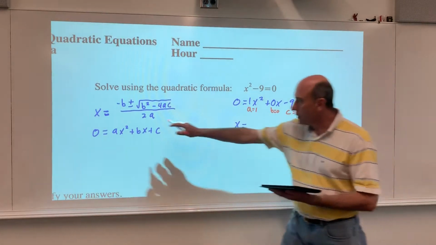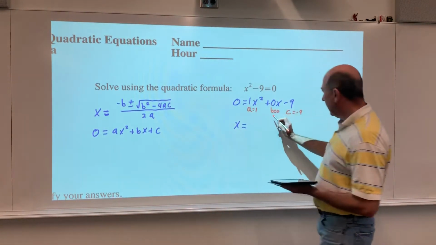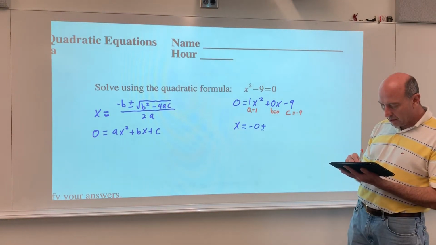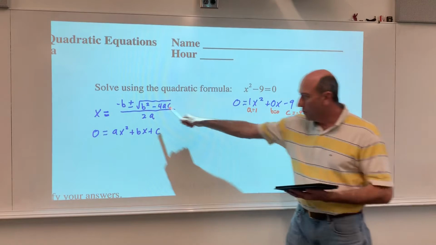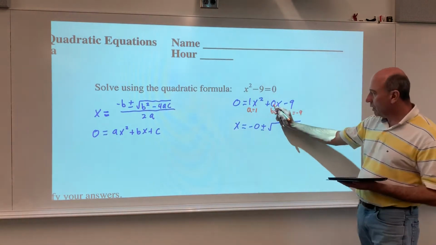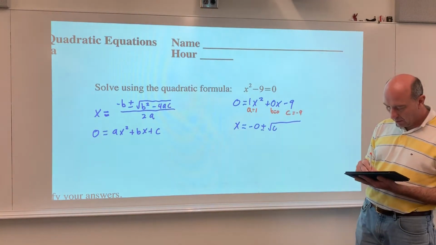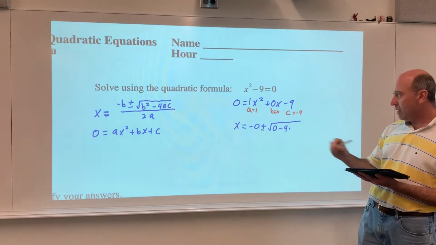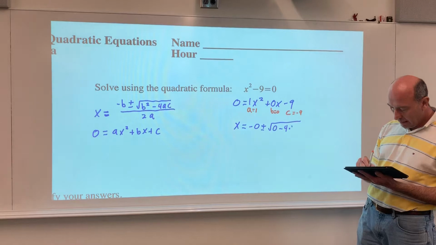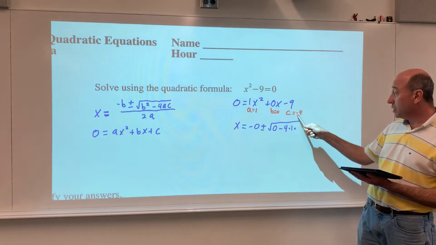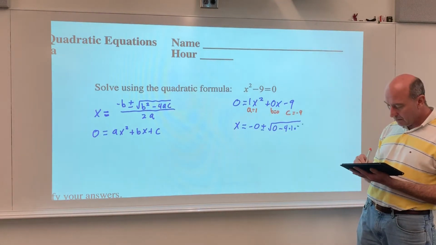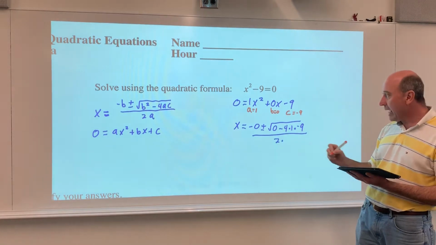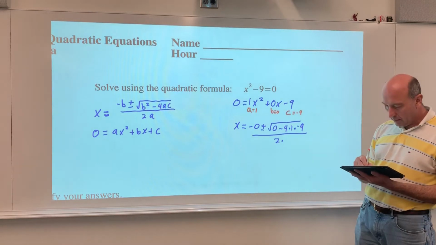So x equals negative b, negative 0, plus or minus the square root of b squared, 0 squared, that's 0, minus 4 times a, which is 1, times c, which is negative 9, all over 2 times a, which is 1.